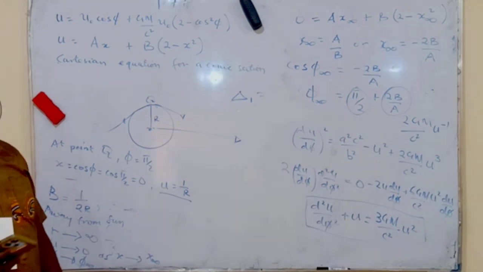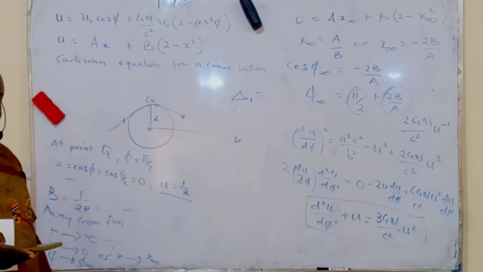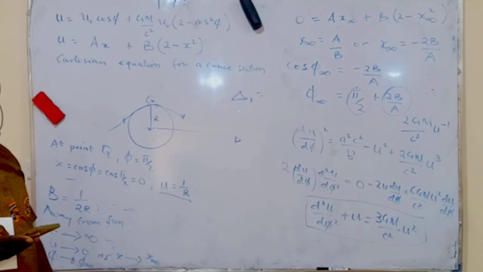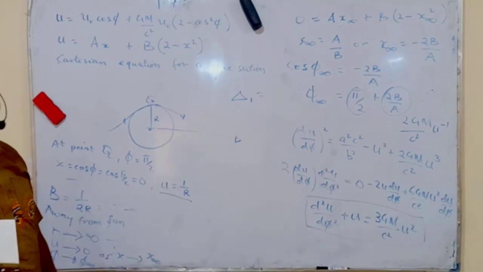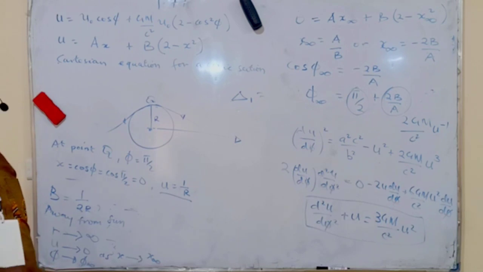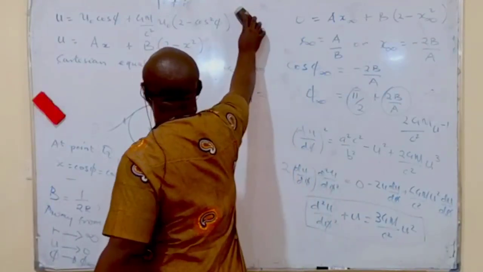How many of them? There are 6 of them. Okay, so let me now introduce what we'll be trying to do.